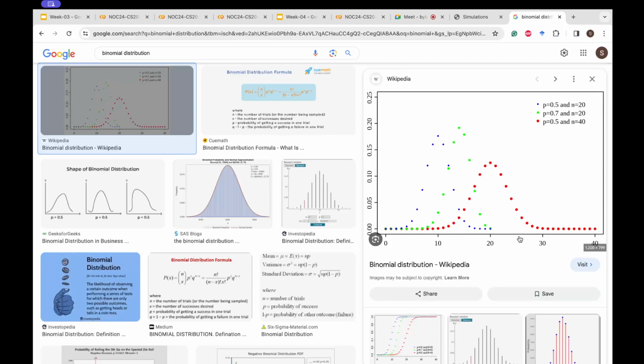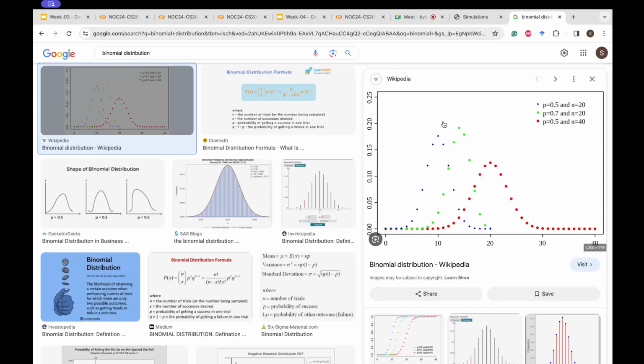For every value of the random variable x, you have a certain probability associated, and the sum of all these probabilities is 1. Depending on the value of p, the shape of the distribution changes. If p is 0.5 and the number of samples is 20, the distribution looks like this.